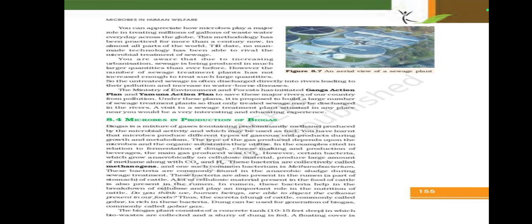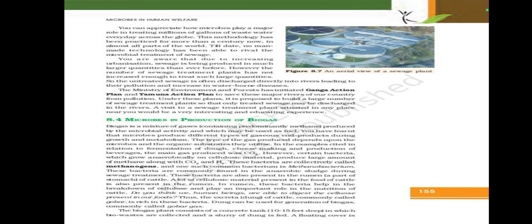These bacteria are also present in the rumen, a part of the stomach of cattle. A lot of cellulosic material present in the food is also present in the rumen. In the rumen, these bacteria help in the breakdown of cellulose and play an important role in the nutrition of cattle.